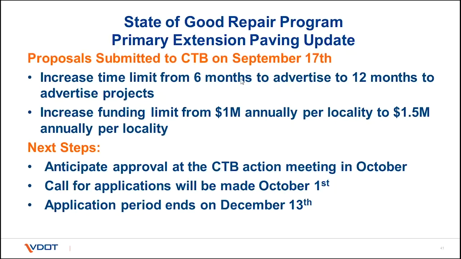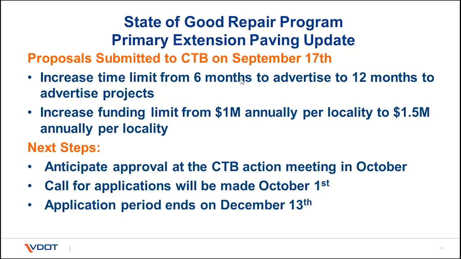There are several changes in the SMART portal that I need to mention. In addition to checking the maintenance of effort certification box, there will also be a federal box to check to acknowledge projects will be developed as federal and the funding is federal.